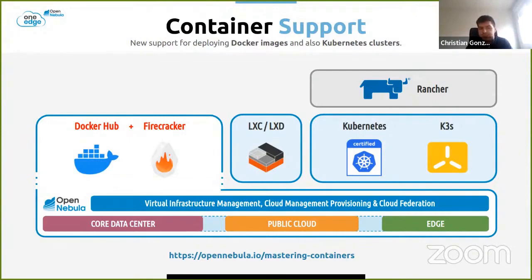So by adding Docker Hub and Firecracker, we add a new way of running containerized loads within your cloud in a more secure way, because Firecracker adds an extra virtualization layer, which increases the security of your loads without penalizing the performance, because they are very focused on that. So you have all these ways for managing containers within your OpenNebula cloud, and the end user will be able to choose which of them fits their use case better.